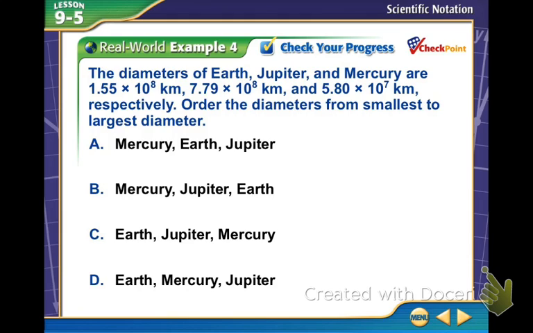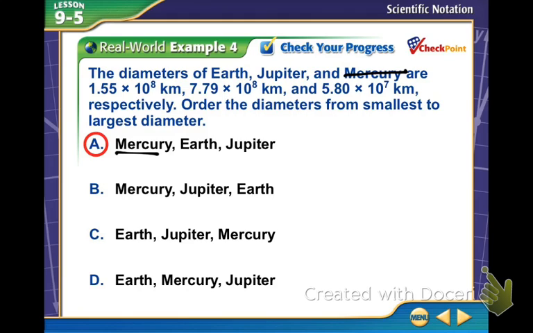Okay, you check your progress and order the diameters of Earth, Jupiter, and Mercury from smallest to largest. Remember that the smallest is going to have the smallest exponent to the power of 10. Remember to pause the video. So Mercury is going to be the smallest one.